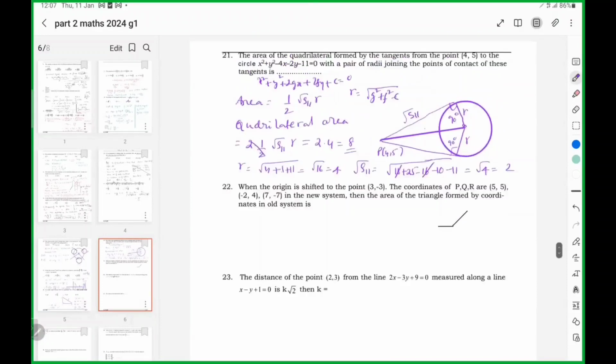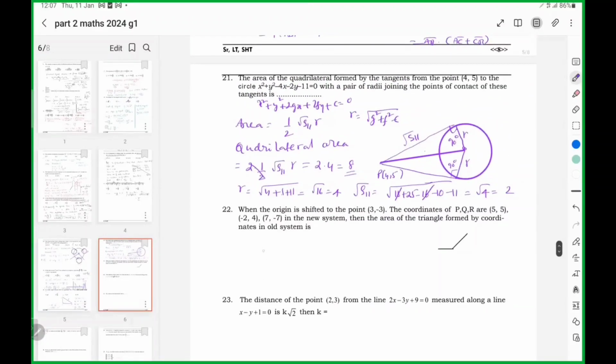So when the origin is shifted, is there any change in the triangle? Even if you take like this, there is no change in the area. Shifting the origin, the change does not occur in area.